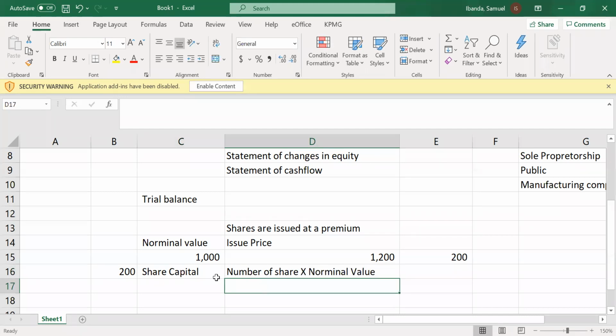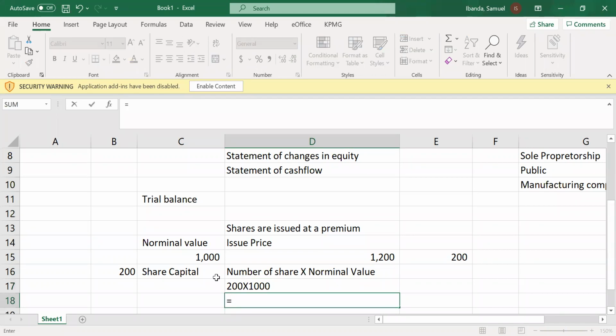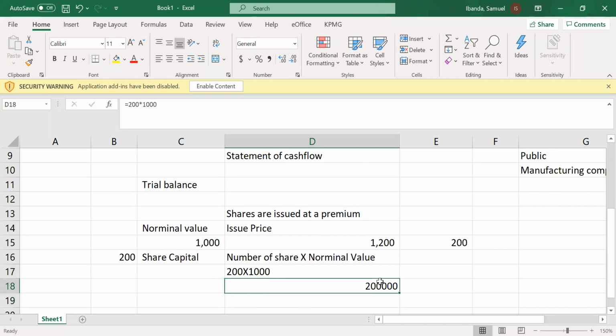So share capital here will be 200 multiplied by 1,000, which gives you 200,000. That's what you have as your share capital.